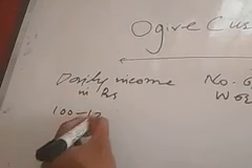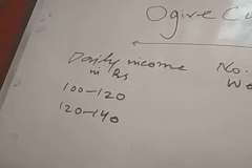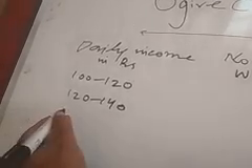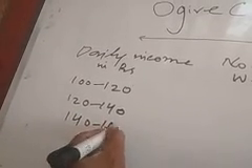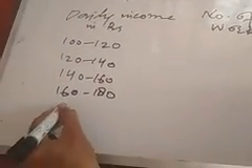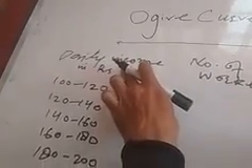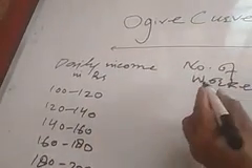The daily incomes are 100 to 120, then 120 to 140, 140 to 160, 160 to 180, and finally 180 to 200. This is daily income in rupees, that means class interval, and this is number of workers, that means frequency.